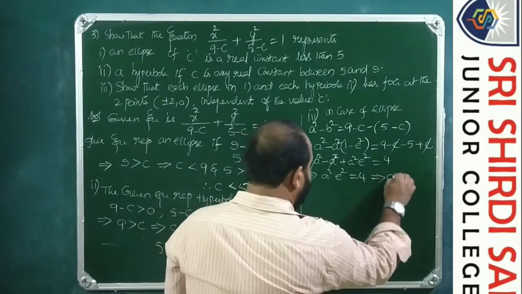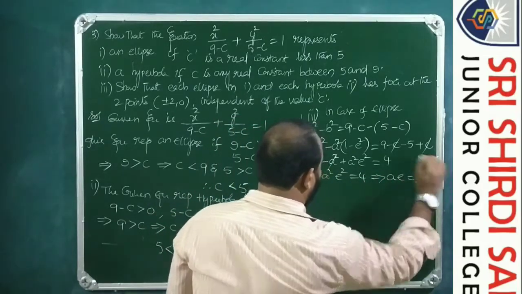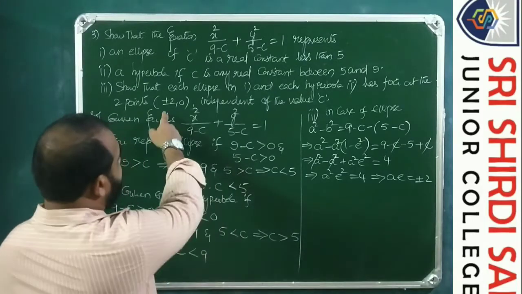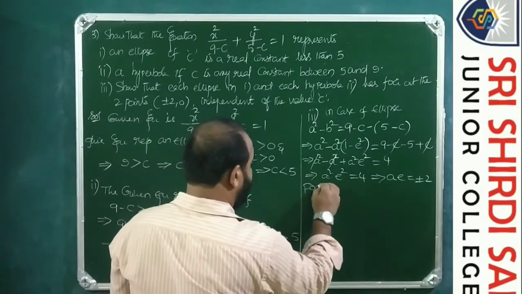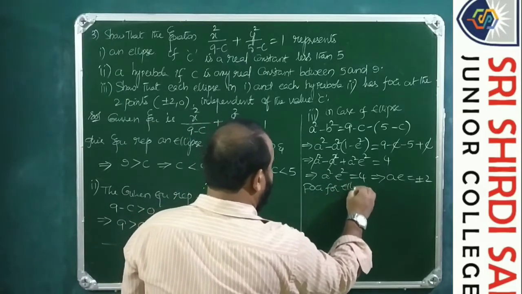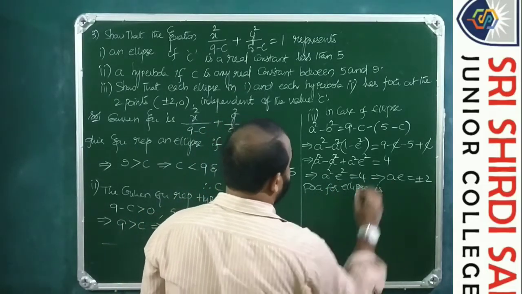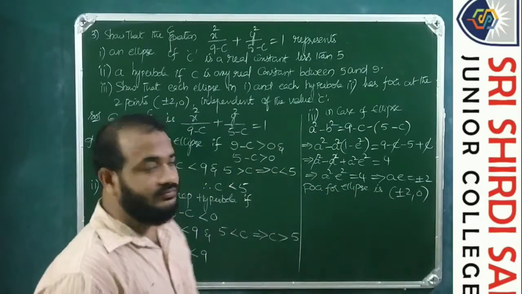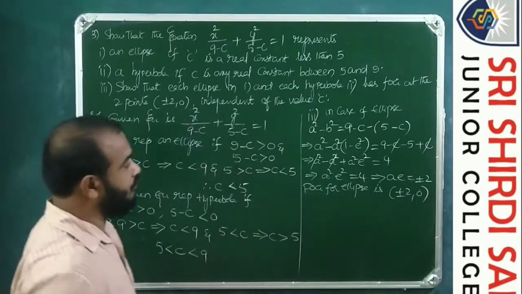That means ae is equals to plus or minus 2. Therefore, the foci for ellipse is plus or minus 2 comma 0. That's what we need to show.